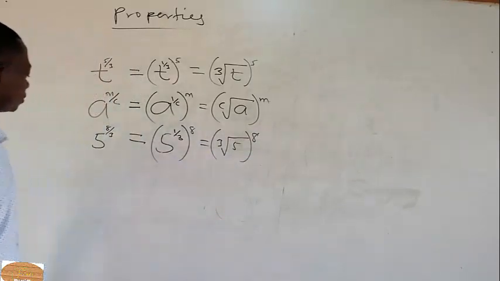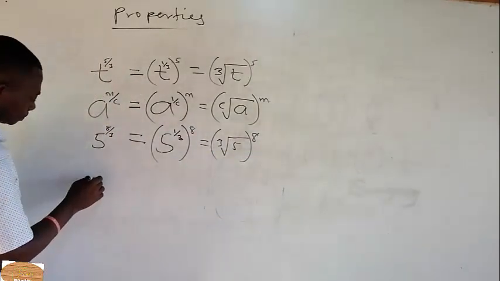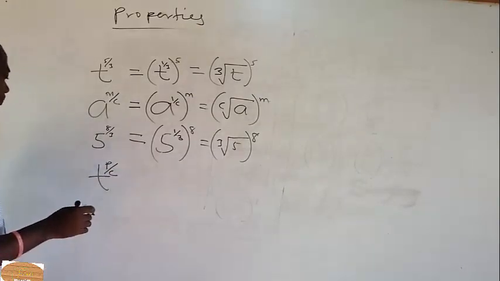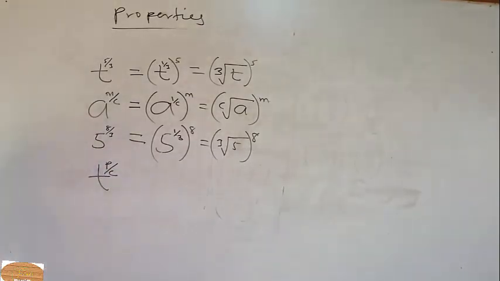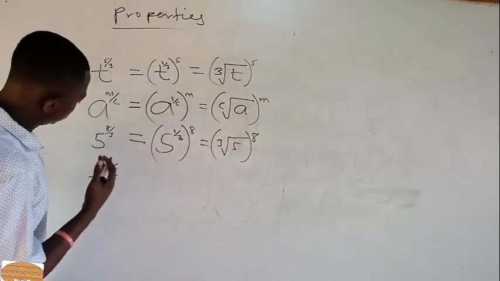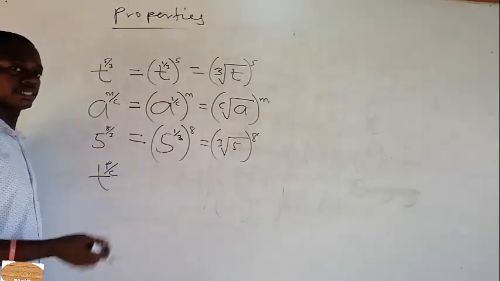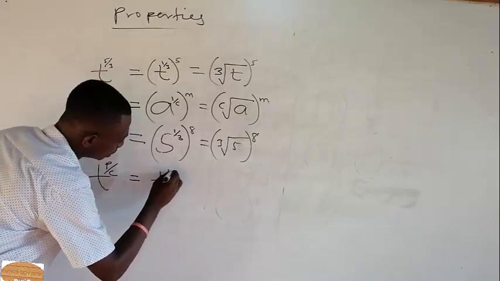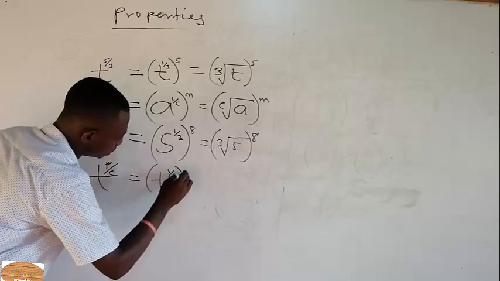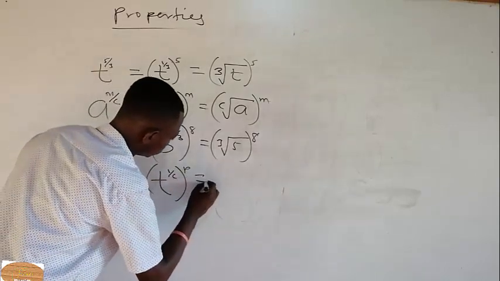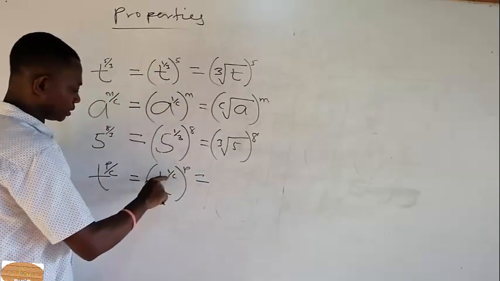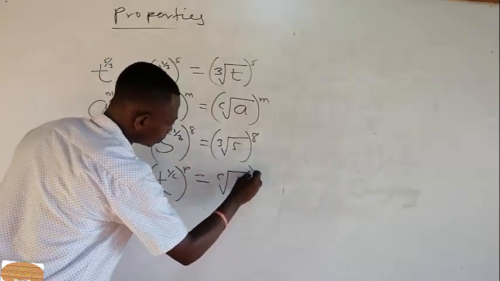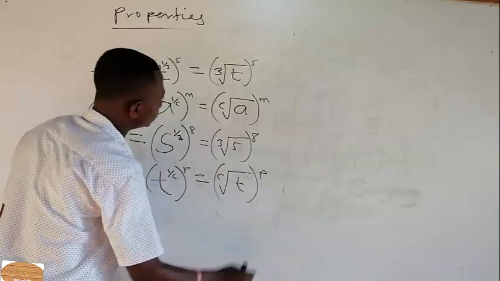So let's try it by example: t to the power p over c is the same as t to the power 1 over c, all to the power p, which is the c-th root of t, all to the power p.